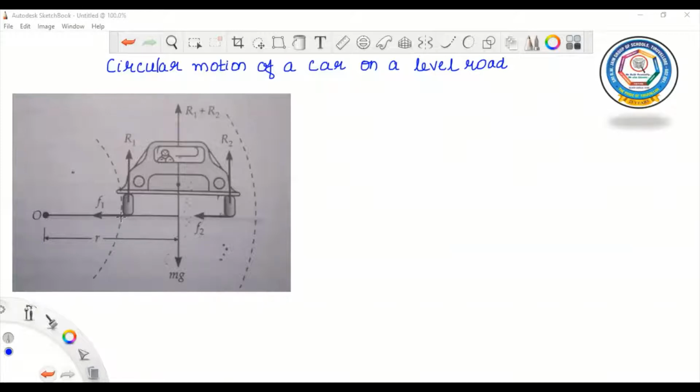The force of friction F1 and F2 act inward at the inner and outer tires respectively.